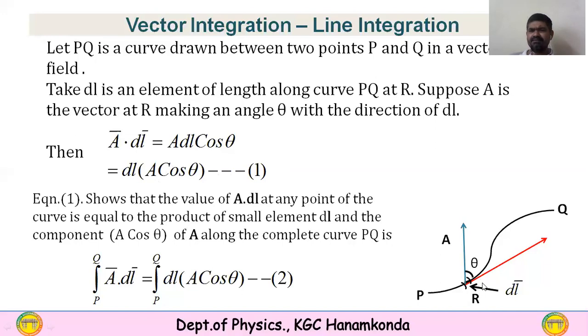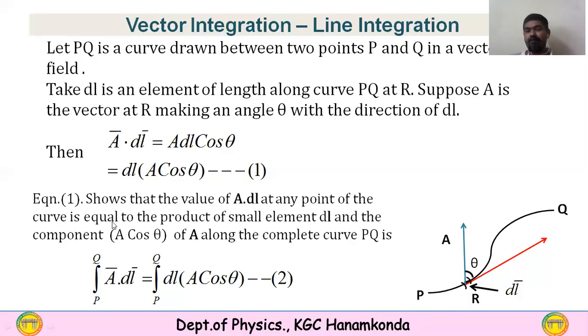But we are interested in calculating the total projection of the vector along this PQ path. Then what to do? We have to take the integration over this PQ curve from point P to Q, considering this dot product, equation 1, A dot dl bar. That gives us the vector integration.